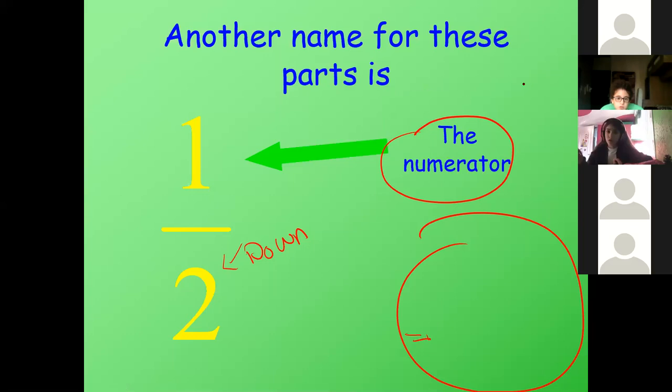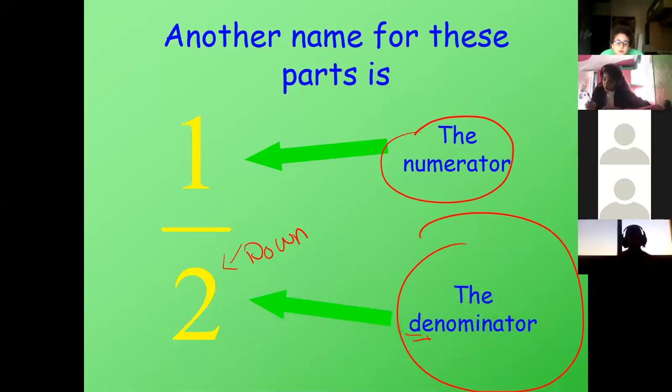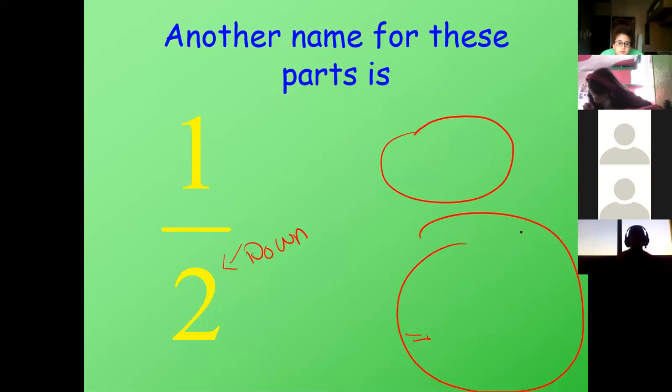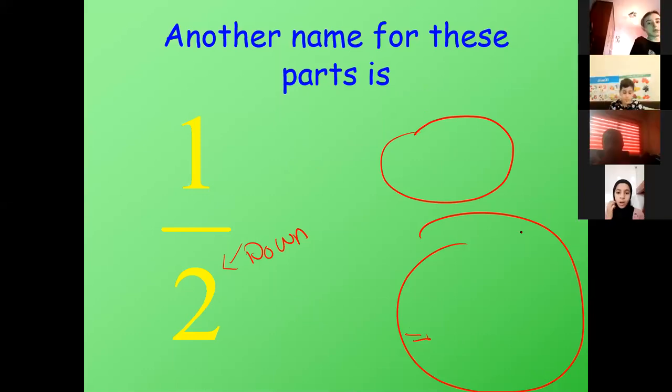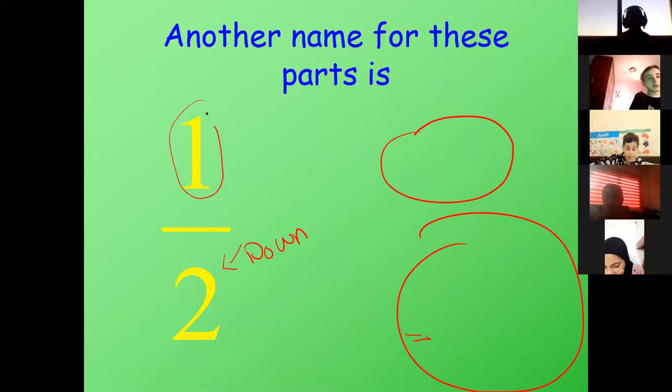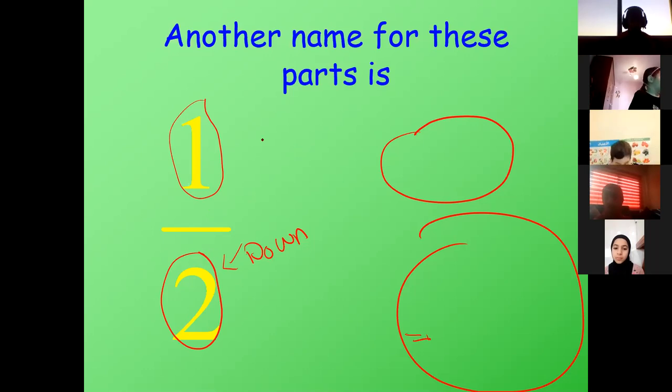Excellent. Two we call it what? Denominator. Excellent. Bravo. One we call it what? Numerator. Bravo. And two? Denominator. Excellent.